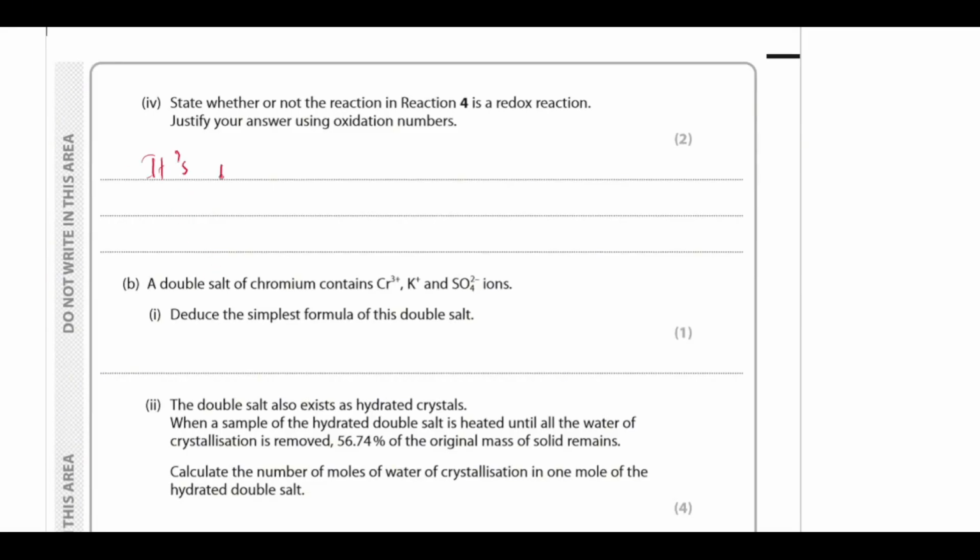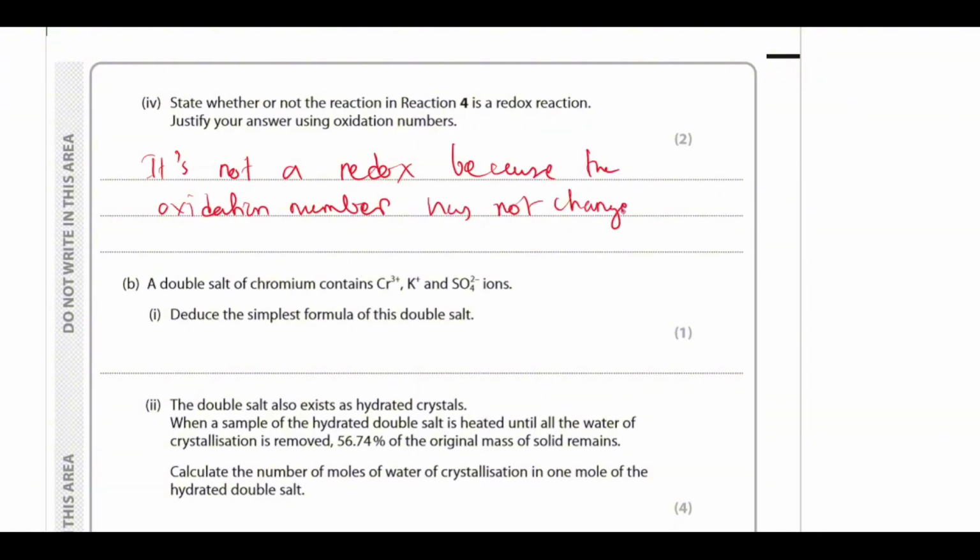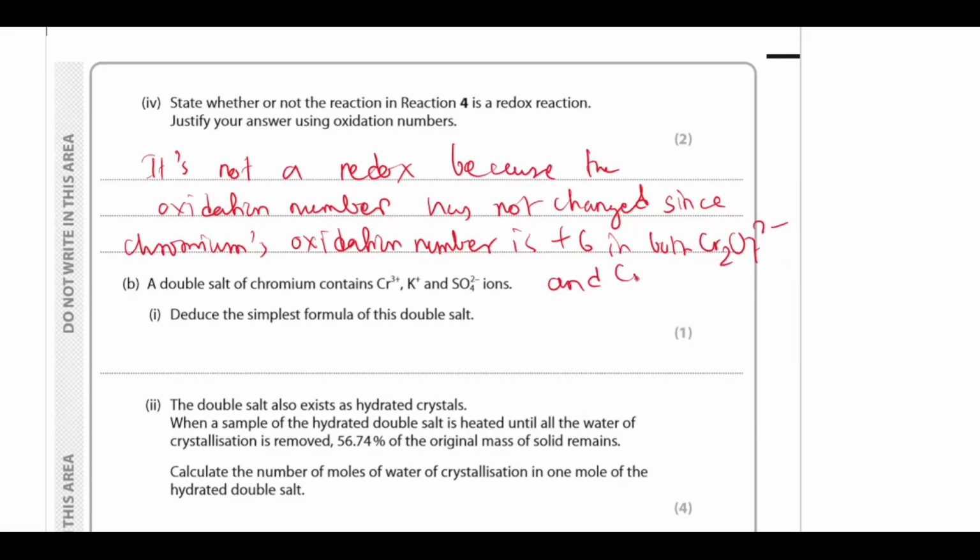So it's not redox because the oxidation number has not changed, since chromium's oxidation number is +6 in both Cr2O7 2- and CrO4 2-. Okay, so it's the same for both.